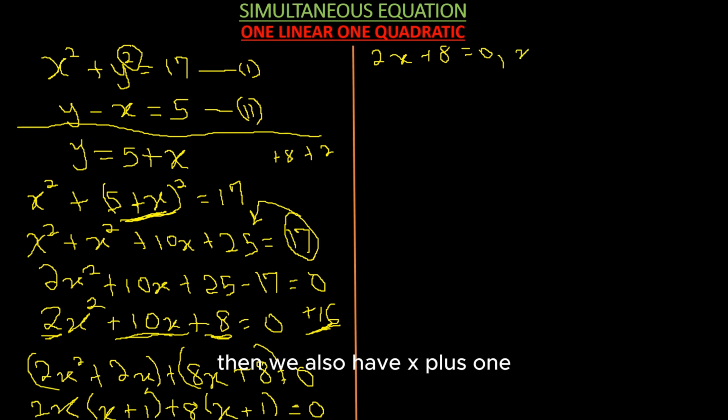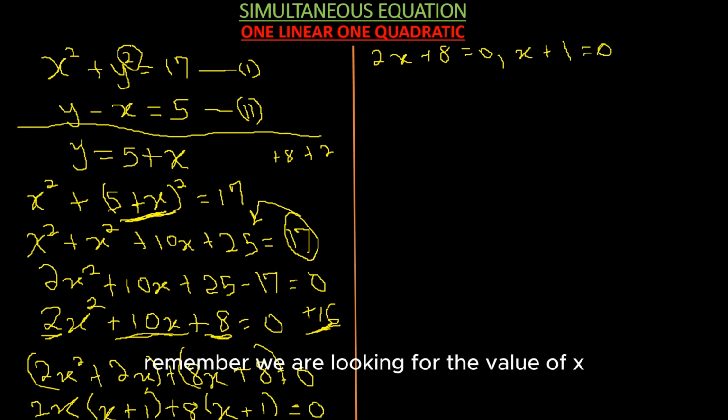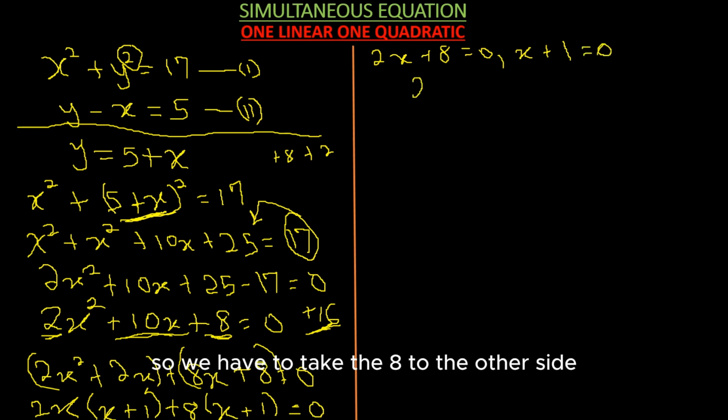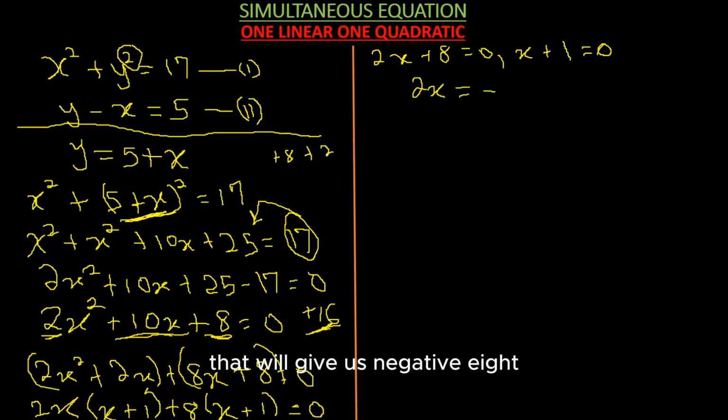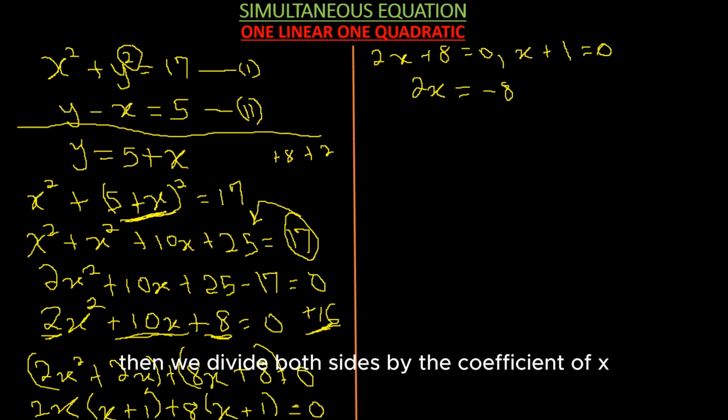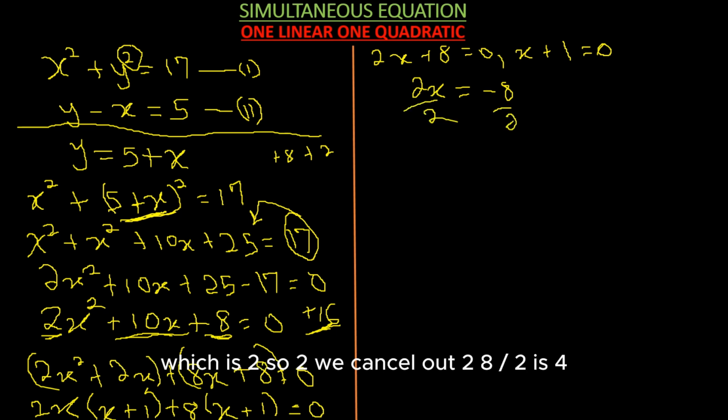Then we also have x plus 1 equal to 0. Remember, we are looking for the value of x, so we take the 8 to the other side, which gives us negative 8. Then we divide both sides by the coefficient of x, which is 2. 2 cancels out 2, and 8 divided by 2 is 4.